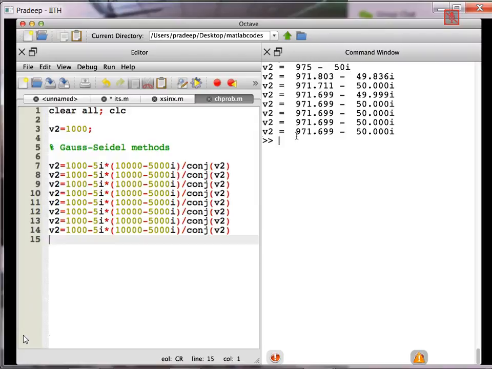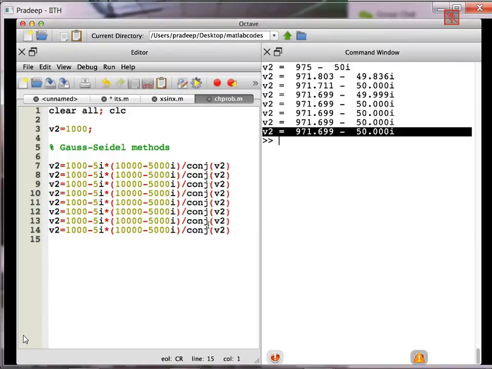So initially it was 975.5 minus 50i. Then it became 971.83 minus 49.83, and gradually it is converging. By the time I come to the fourth step, the value is finalized: 971.699 minus 50. Okay.